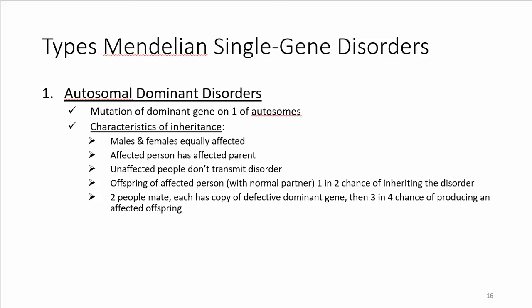Now, if the person has the disorder and their partner doesn't have the disorder, there's a 50% chance that the child will have the disorder, because the parent that has the disorder was probably heterozygous and can pass on the abnormal gene.